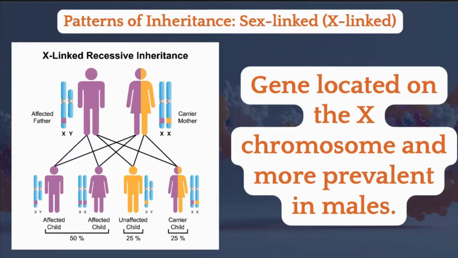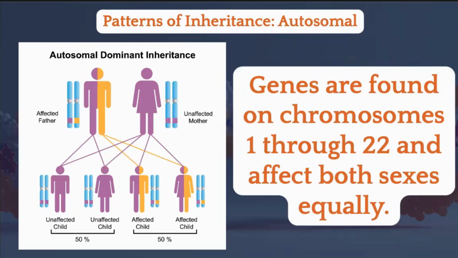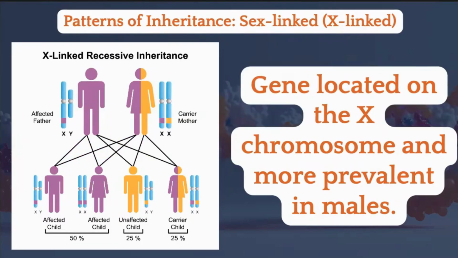Now, if you take a look at X-linked, this means that you can have a chromosome issue or a sex-linked related gene. So the gene is located on the X chromosome.